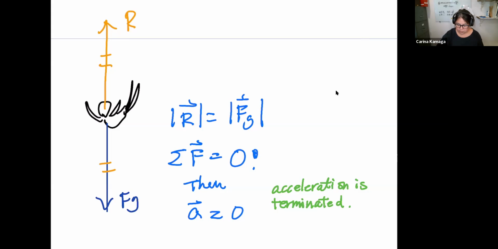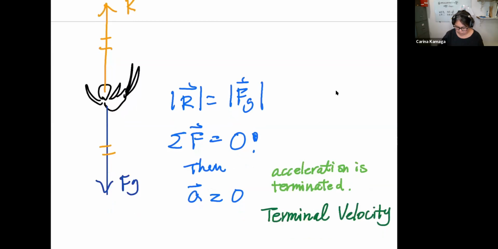So this person now is falling with terminal velocity or terminal speed. Constant speed, constant velocity, because the acceleration is 0, right?